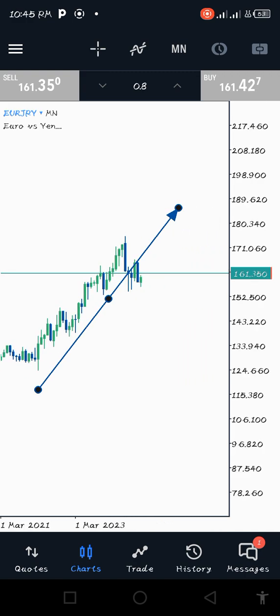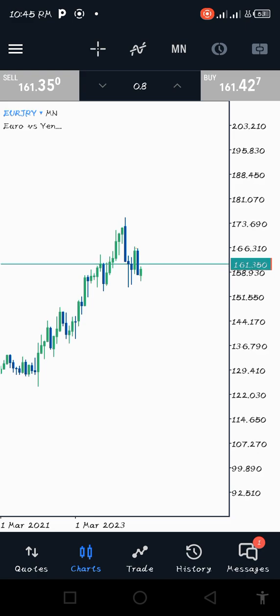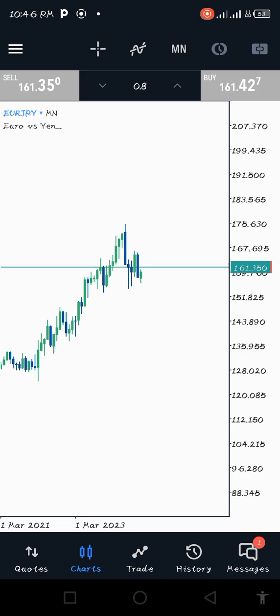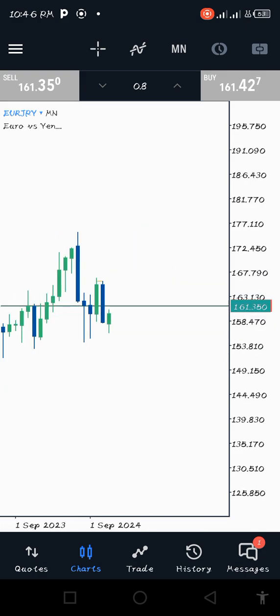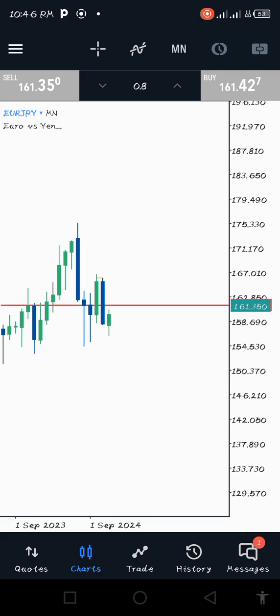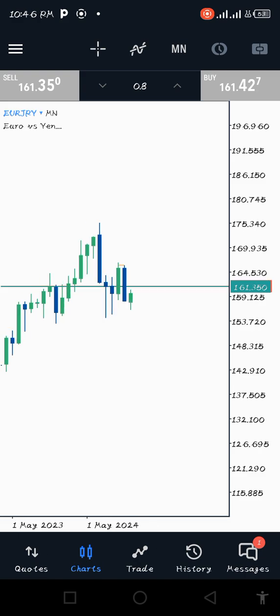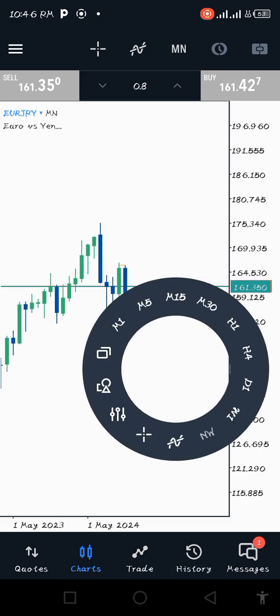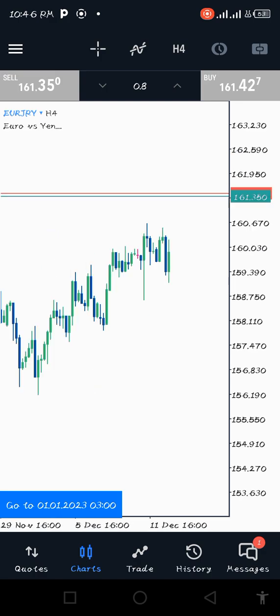So understanding that fully well, we can locate our operating range, that is the highest range formed on this pair on the monthly time frame. And just for note, higher time frame ranges work the best, because if we move to the 4-hour time frame, we can see a range.